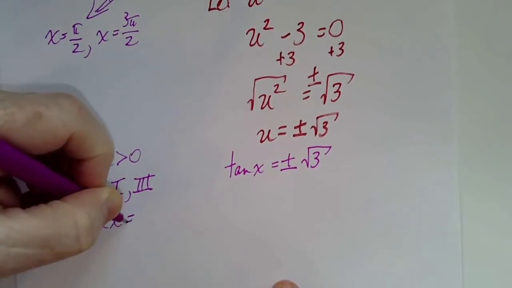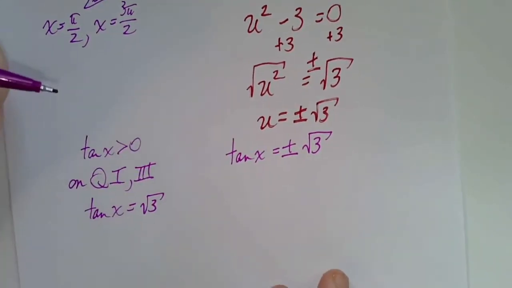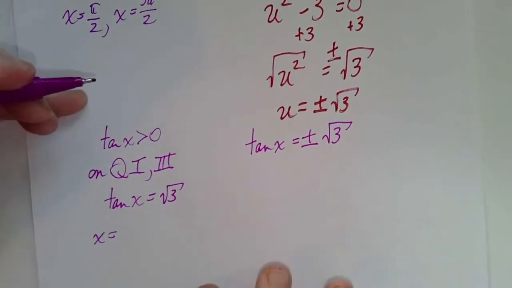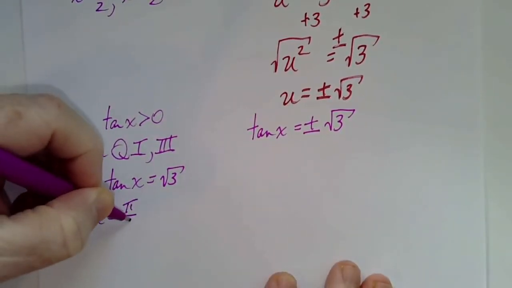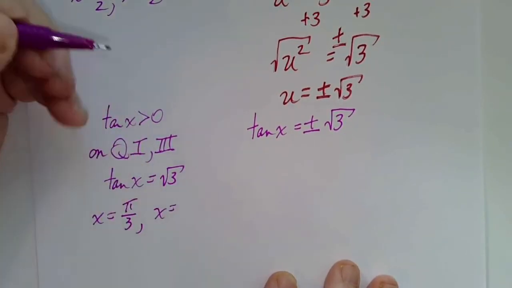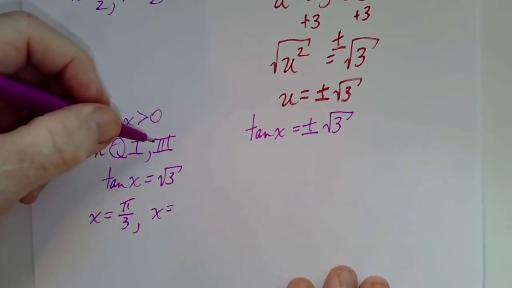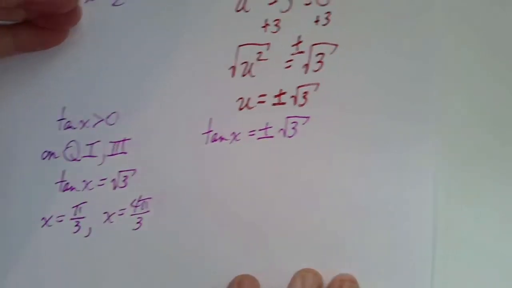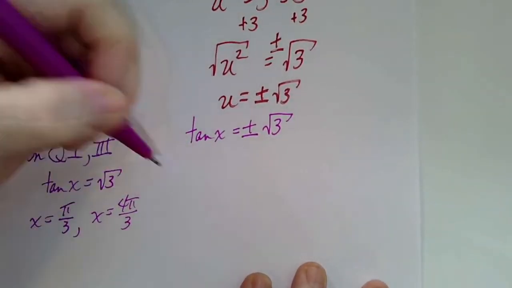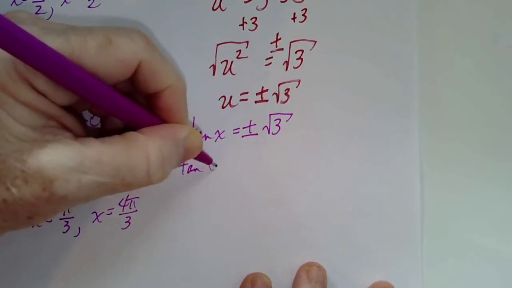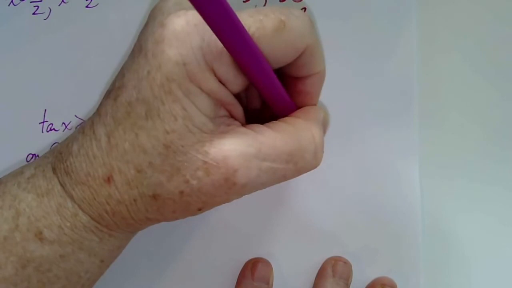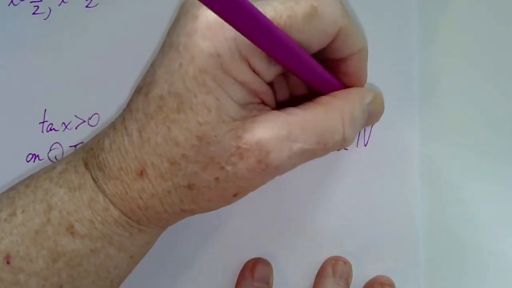tangent x equals positive square root of 3 has solutions. It's all going to be over 3, so it'll be pi over 3. And in quadrant 3, it'll be 4 pi over 3. And then tangent x is negative in quadrants 2 and 4.